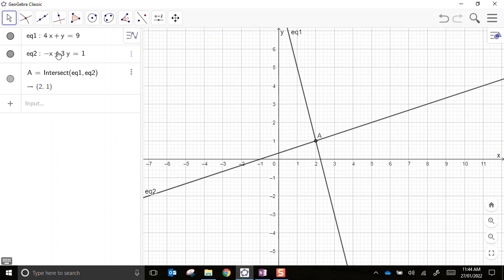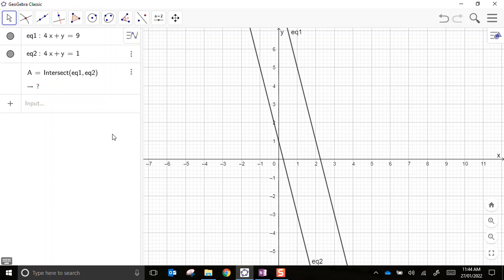Now, let's just do something to our equations for a minute up here. What if I go to this equation and what if I made that, say 4? I can do that. And what if I take away that 3 there? So that's just 4x plus y equals 1. Now, when I do that, I end up with two parallel lines.